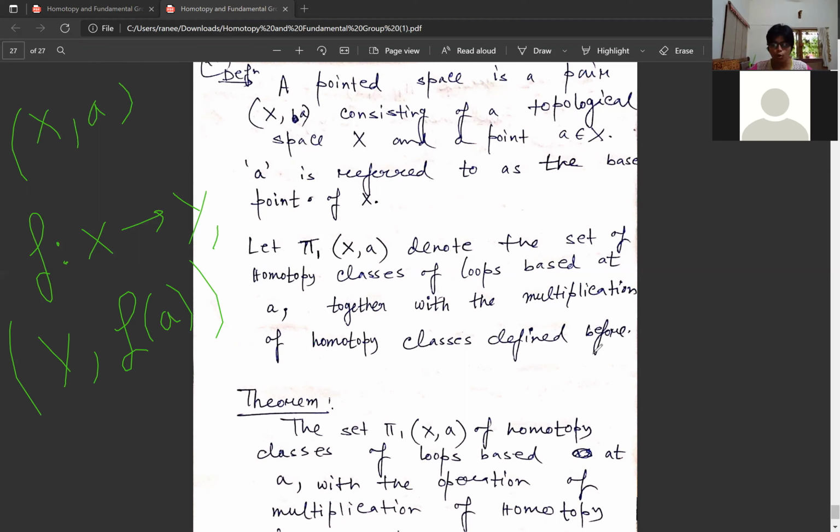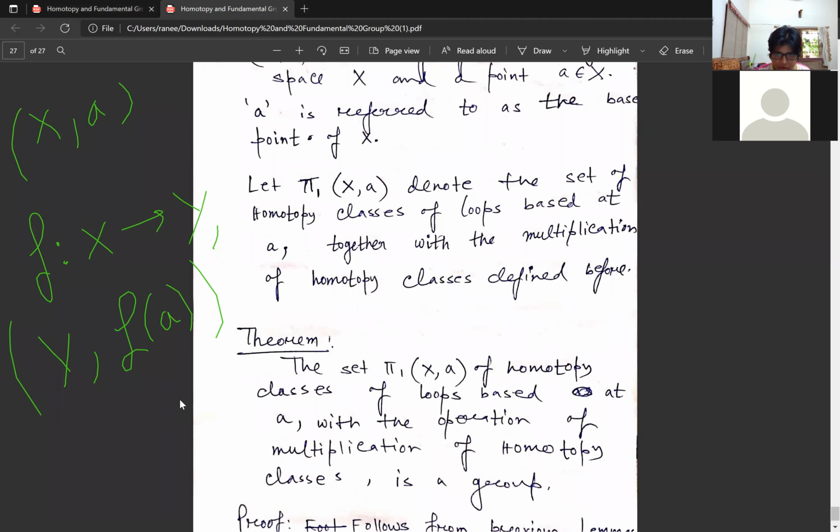Not much globally, but locally around the point, or maybe some intrinsic properties that are preserved under that point. I also don't know much more significance about the pointed space, at least at this point. Okay.